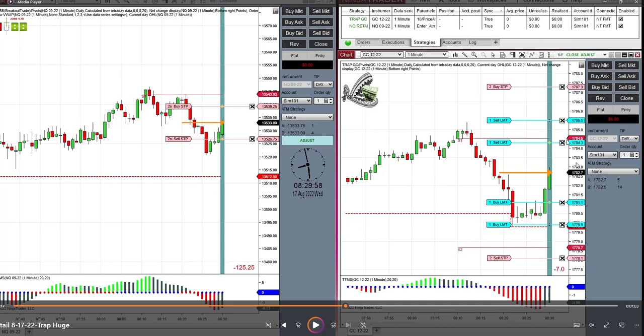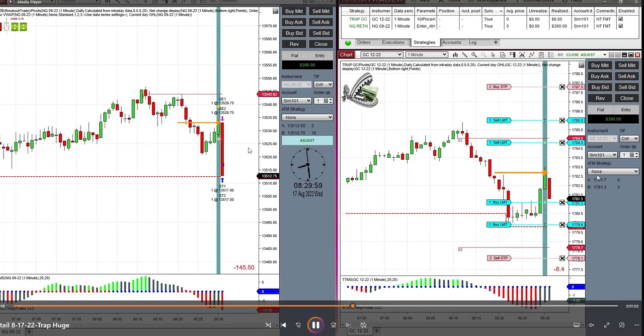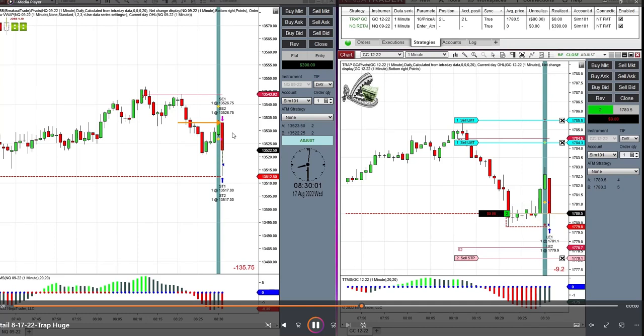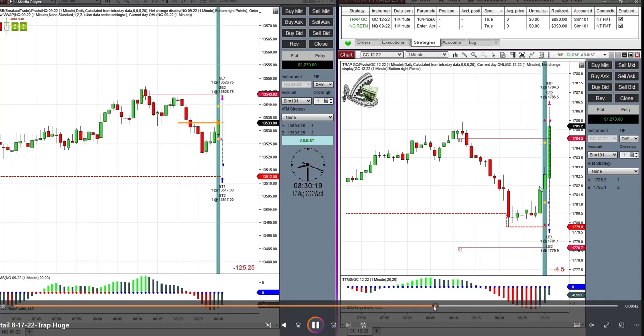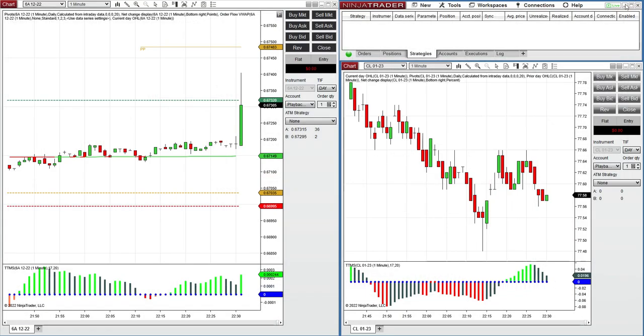So the orders are there. The price looks like it's going down. Okay, price goes down, we buy the market, and then it immediately starts going up. And it goes up really big. Just one contract would have been over $1,000 on that trade.